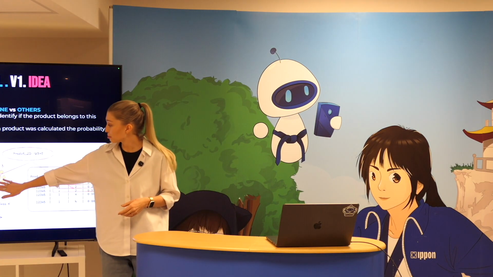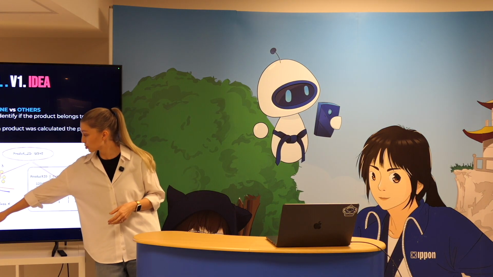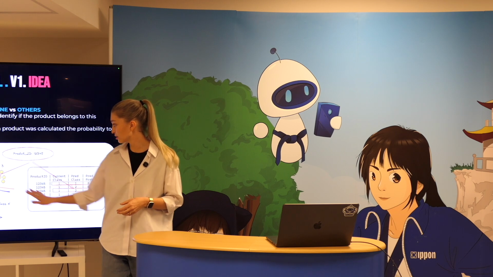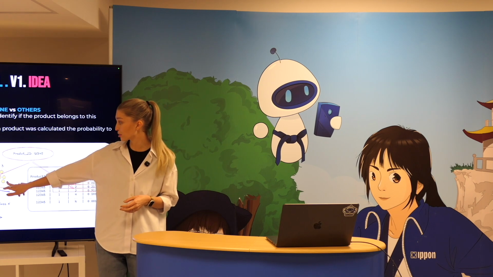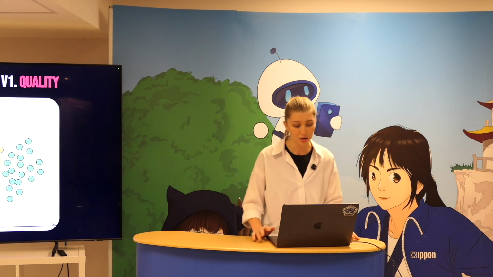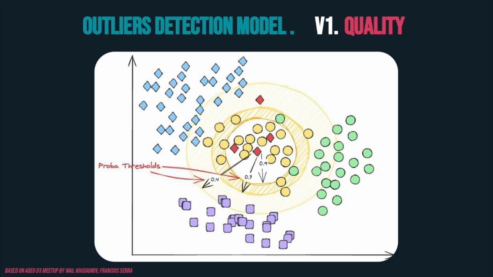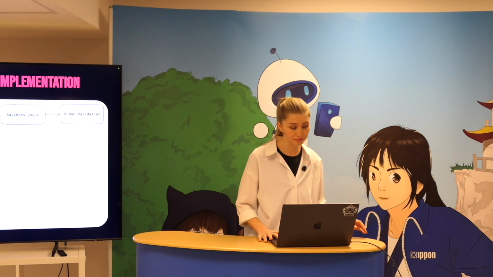Here you can see we have one potential outlier because it belongs to class 1, because it's colored green, but according to the description of the product and the probability, it should belong to class 3. Here we need to identify the border, the probability threshold, where we want to filter our potential outliers. Of course we want the highest probability that we can use, but we need to verify all the outliers on the border of the threshold.